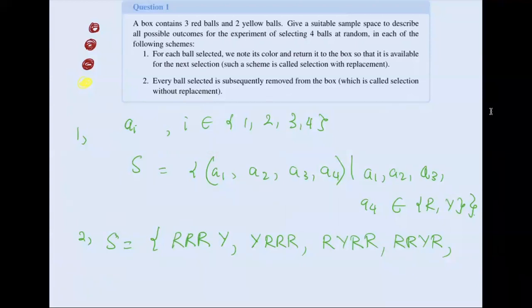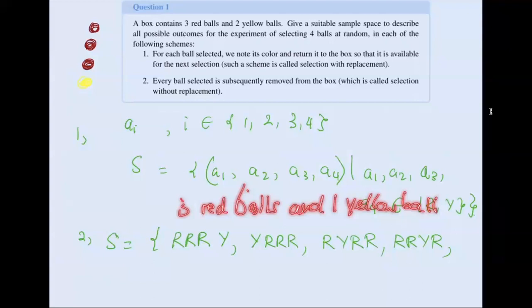However, if you want the order not to matter, what you can say is my outcome is that I have 3 red balls and 1 yellow ball. So that is also a reasonable outcome that doesn't take into account the order.